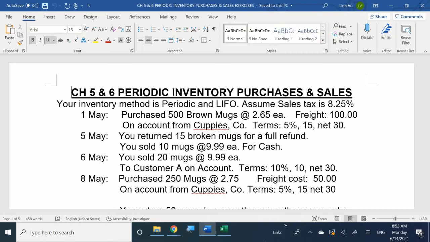So let's take a look at what happened on May 1st. May 1st, purchased 500 brown mugs at $2.65, which came to a total of $13.25.